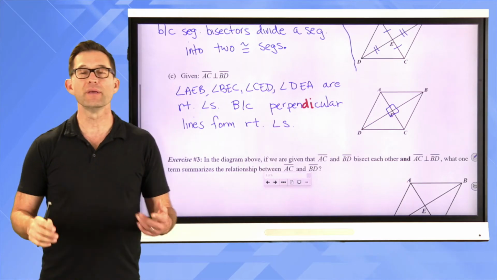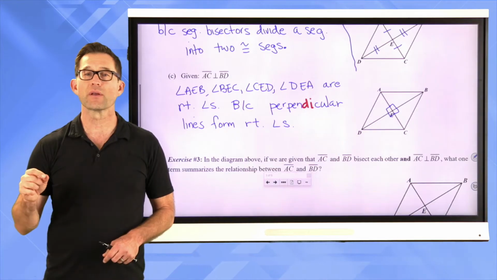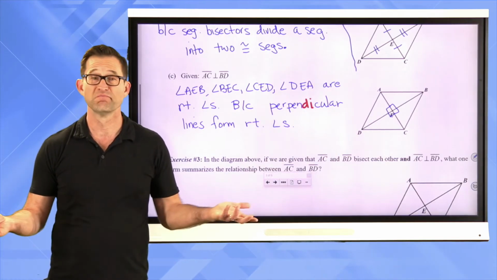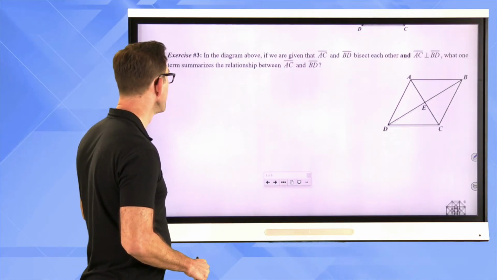Right? AEB, BEC, CED, and DEA are all right angles because perpendicular lines form right angles. Simple enough. Pretty much the definition of perpendicular lines.